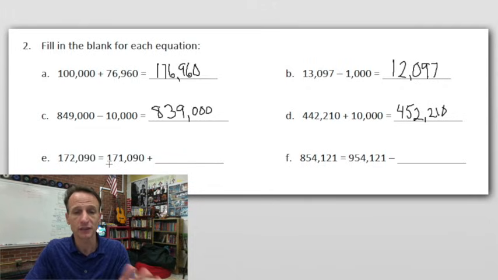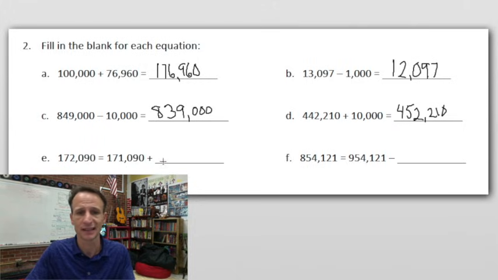Now this one, you see, getting tricky on us again. Things are reversed. We're given the sum first equals one of the addends, and we have to fill in the missing addend. So what are we adding here to get this sum? The sum is 172,090. That's what you'll get if you take 171,090.